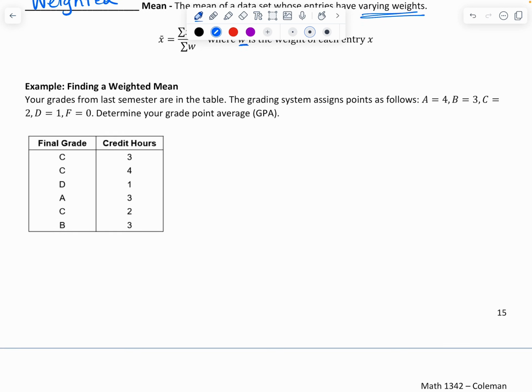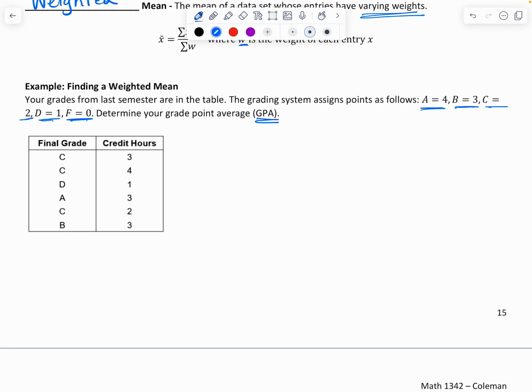This is very typically found when we talk about GPA, because an A is worth more than a B is worth more than a C is worth more than a D, and of course an F is not worth any point value when we talk about your GPA. So A is typically 4.0, B is a 3, C would be a 2, D is 1, and again F is 0.